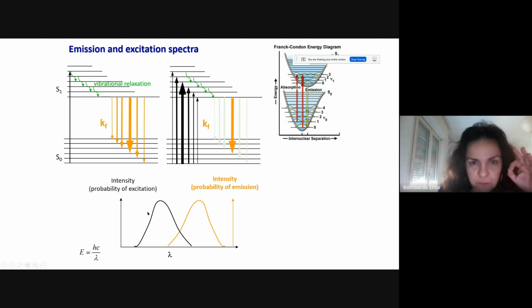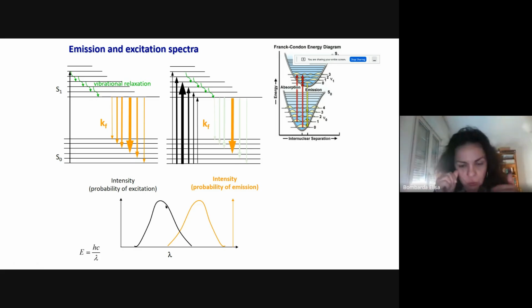So that is fluorescence. It's true that we measure this transition, but the question is another one. You don't want to see the probability of absorption.